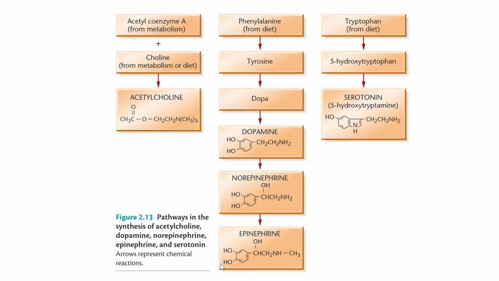Now obviously there is a synthesis of neurochemicals. One chemical converts into another. There are different forms. For example, choline transforms into acetylcholine, tyrosine transforms into dopamine, then it transforms into norepinephrine, and then epinephrine. Okay, cool.